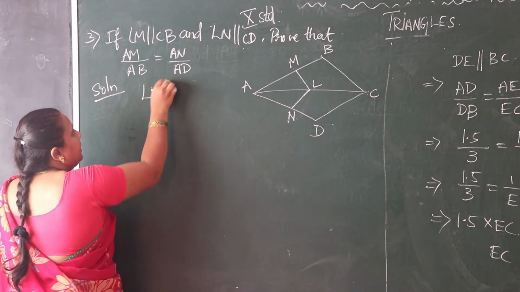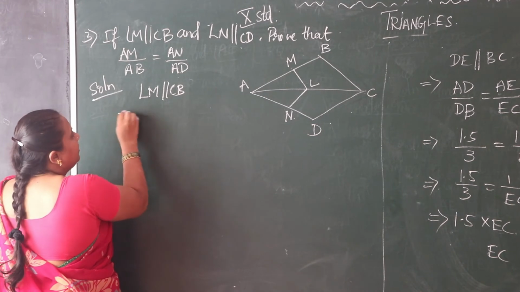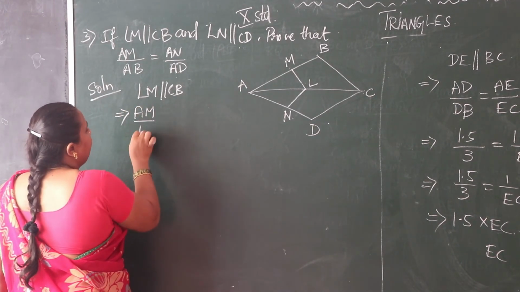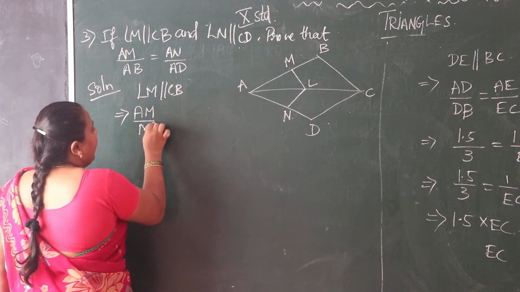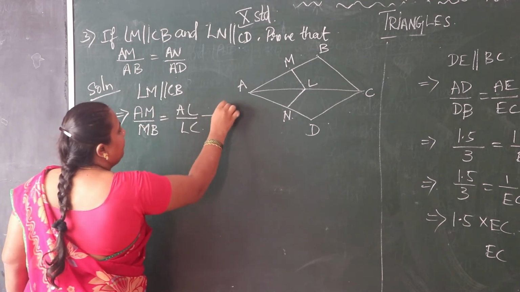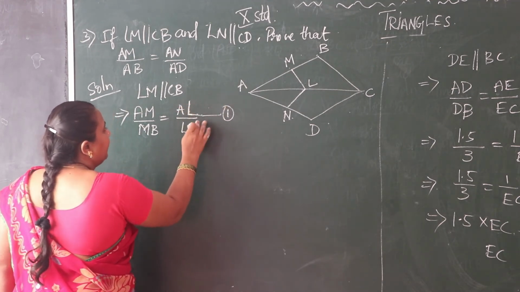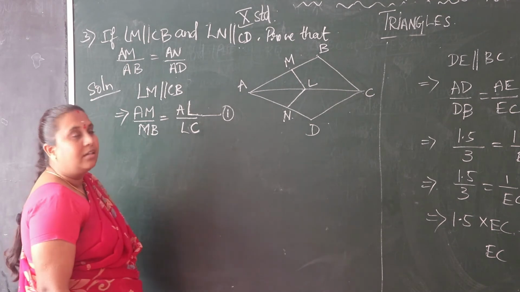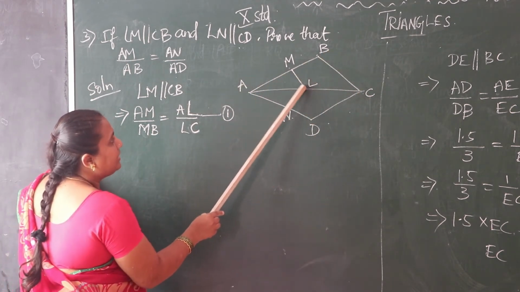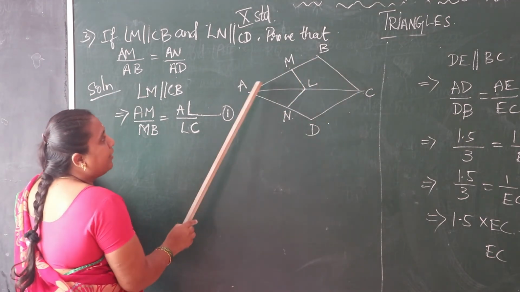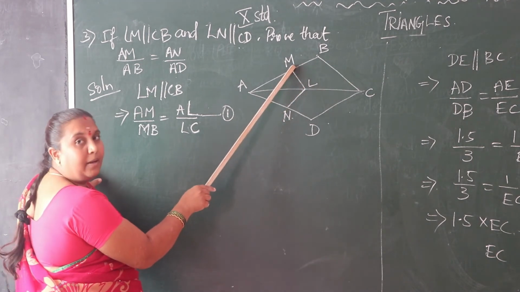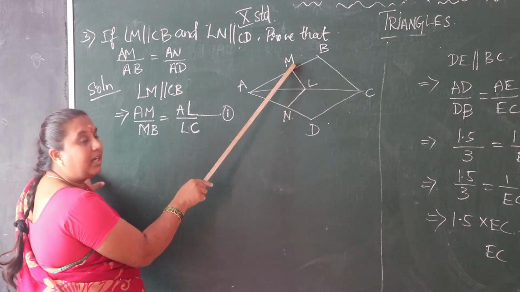Solution. By the given LM parallel to CB, we can write AM by MB equals AL by LC. This is equation number 1. In this triangle ABC, LM is parallel to CB, so the two sides of this triangle are in the same ratio by the theorem.